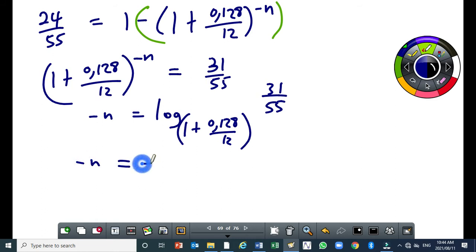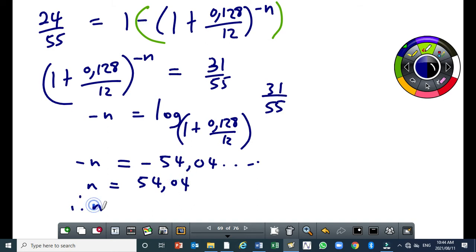A negative 54.04. Right? Now this means that in terms of n, when you divide both sides by the negative, you get n equal to 54.04.